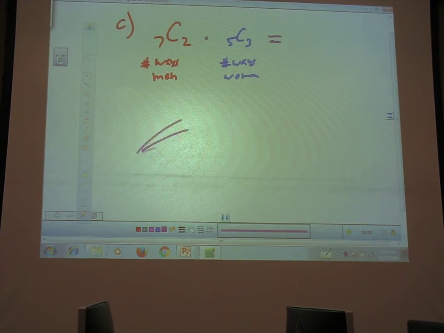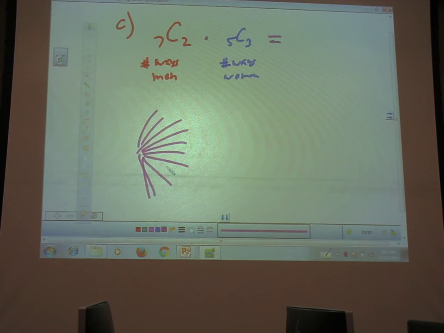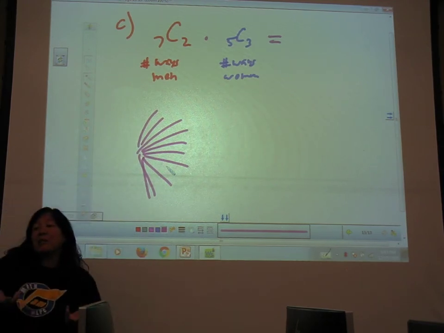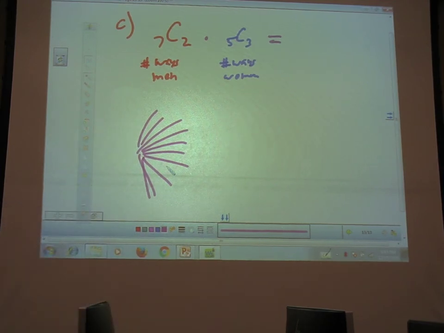So kind of think of it like this too. If this is my number of ways of picking 2 men, everybody kind of understand that? Here's 7 men. I could pick these 2, or those 2, or those 2. I have all these different ways of picking 2 men from those 7. Then I need to pick 3 women. So from every one of those, I pick 3 women.